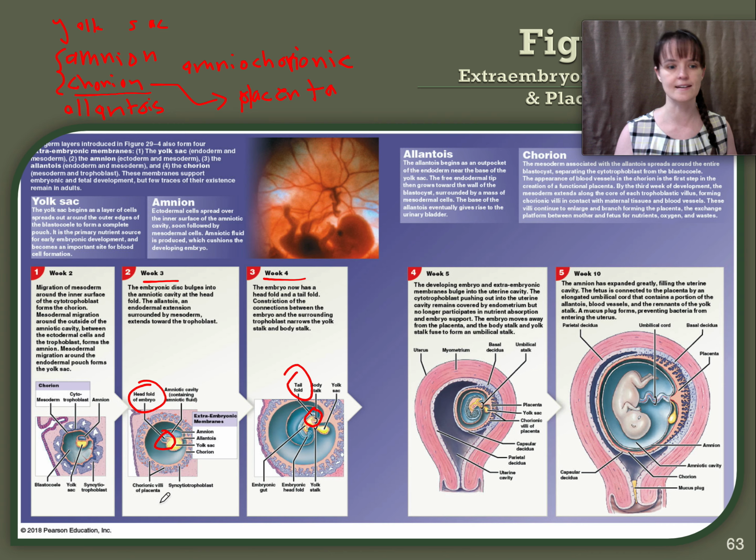Page 19. Placentation, oh, here are the terms: yolk sac, amnion, allantois, and chorion. I didn't have to write them all down. Okay, so placentation is when you grow a placenta, when that chorion, the chorionic villi, become a functioning placenta.